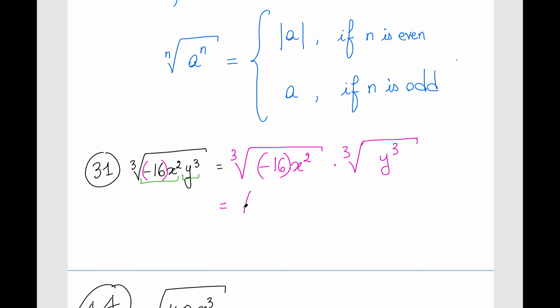So you get this. Correct? So a couple of applications of the product rule for radicals allow me to transition from the third root of negative 16 times x squared times y cubed to the product of each of these individual radical expressions.